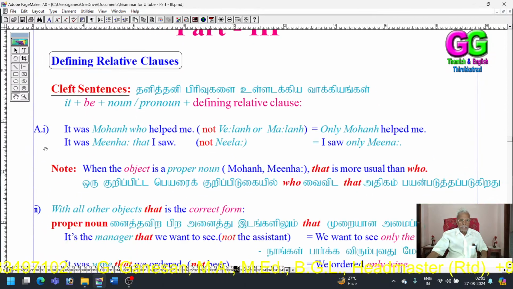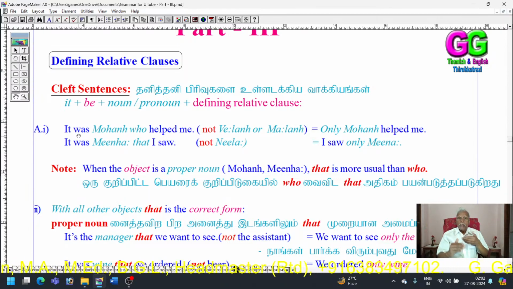Let us see the example. When the subject is a proper noun, there we can use either who or that.